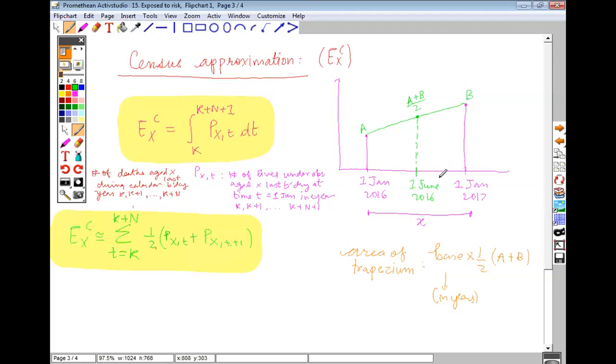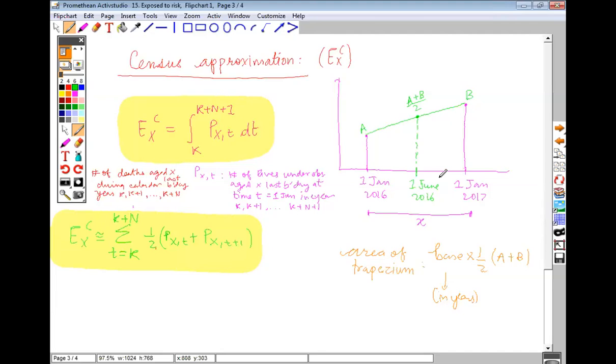So that is the same thing that we do here. The number of lives that we have under our observation, age at X, under the definition of age last birthday, we only know that information on 1st January of every year. So to build an approximation, sometimes if we want to figure out the mortality rate, say mu of 31.3 or 31.5, how will you figure that out?